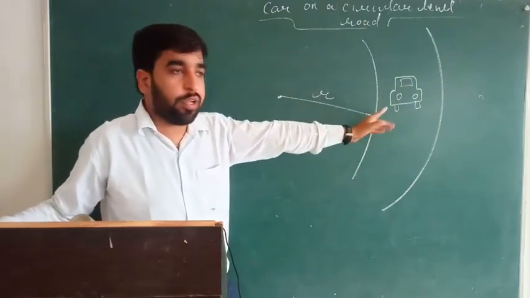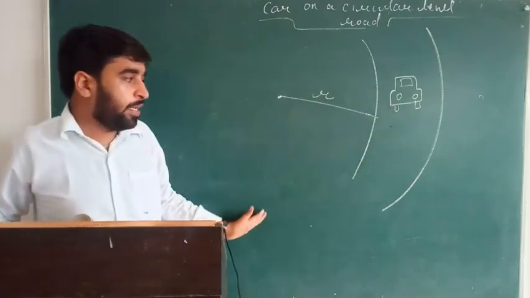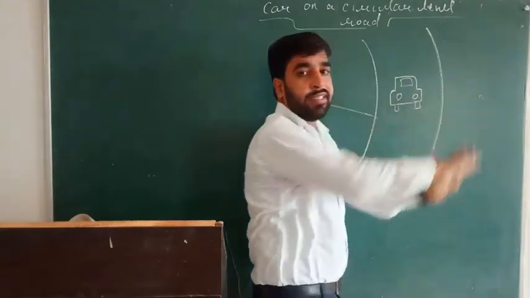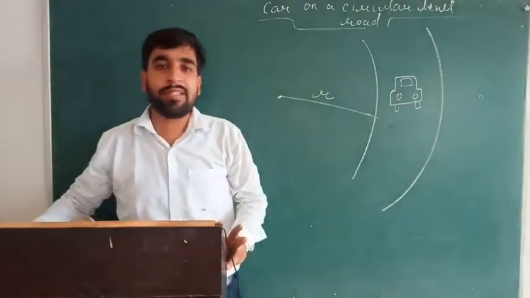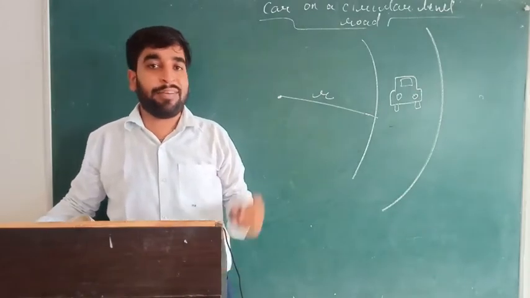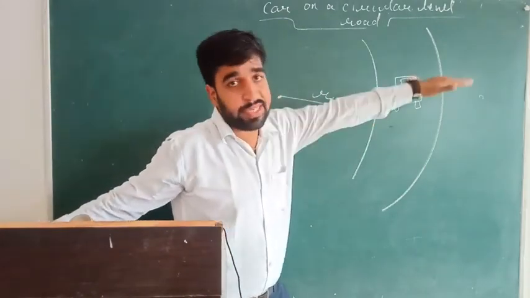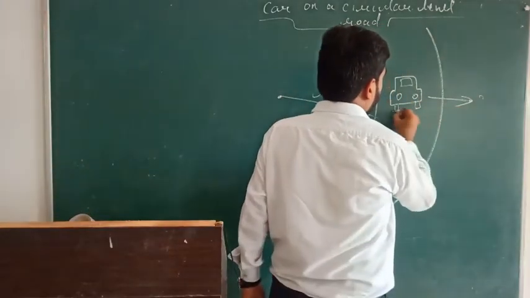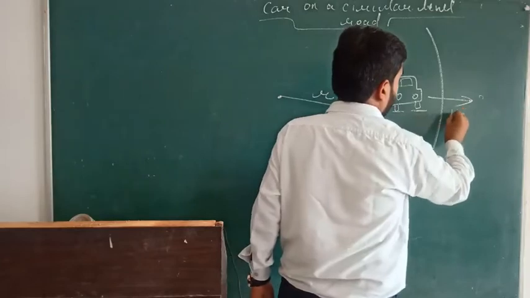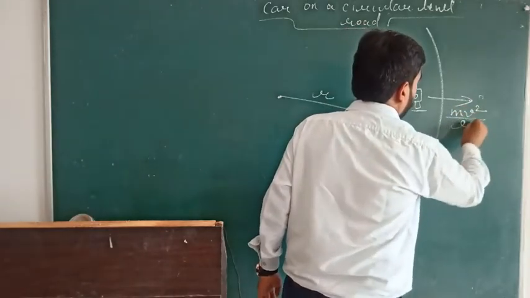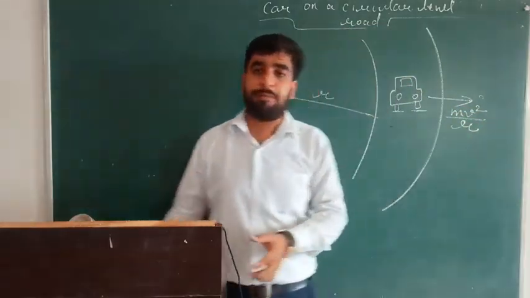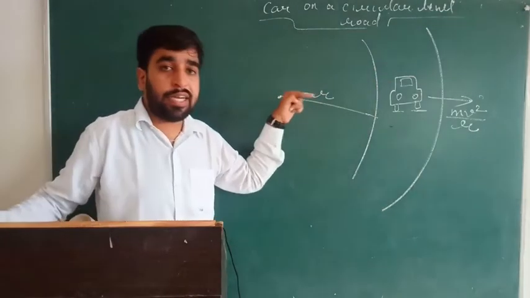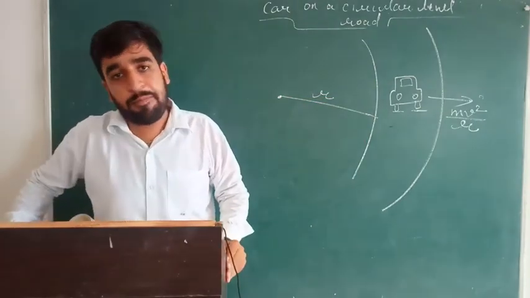The car wants to remain in this circular frame, but because of the centrifugal force the tires will skid away in this direction. What is the magnitude of this force? The force by which these tires skid is mv square upon r. mv square upon r is actually the force by which the tires are going to skid in the opposite direction.